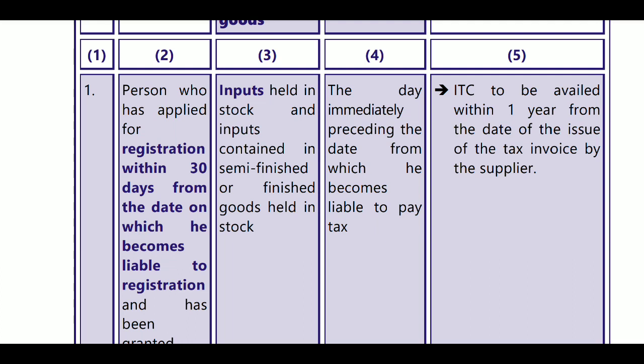The ITC must be availed within 1 year from the date of issuance of the tax invoice by the supplier. The supplier's invoice to this recipient who is registering now must be within 1 year, then only ITC can be availed.